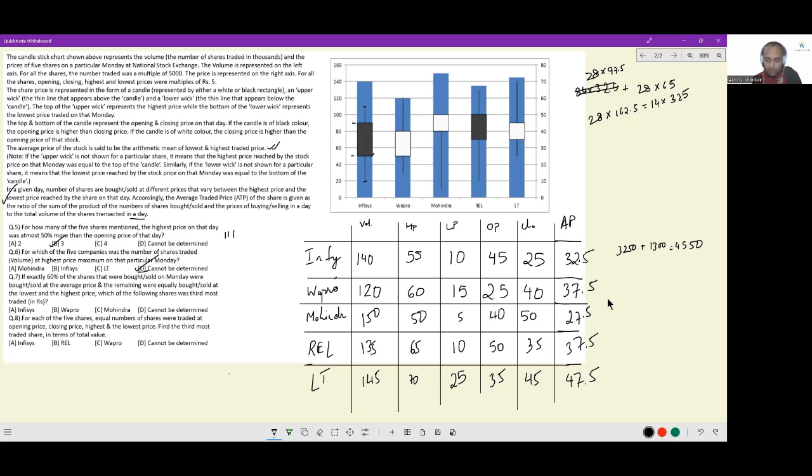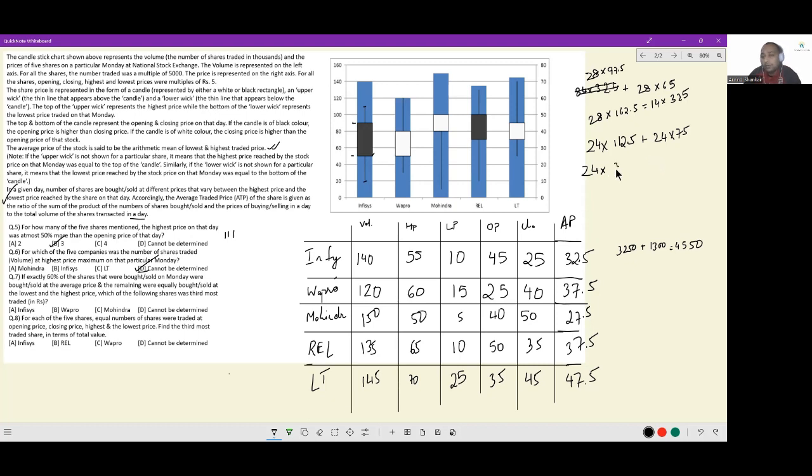We'd have to do the same thing here also. So let us do it. 20% of 120 is 24, into, I'll do 3 times the average price. 3 times the average price is 37.5, is 112.5, plus 24 into highest plus lowest. So 24 into 75. So we get 24 into 187.5.